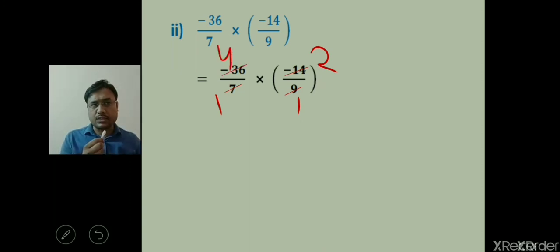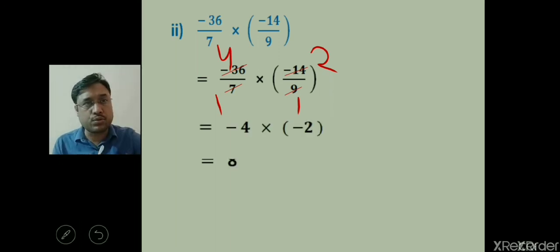This 36 is also divisible, 9 into 4 is 36, but the sign is present there. It is minus 4. Minus 36 was the number and it is minus 14, so the sign is available right now also. So you will say minus 4 into minus 2. So the result is minus 4 into minus 2, which means it is plus 8 because minus into minus is plus. Negative sign into negative sign is a positive result.